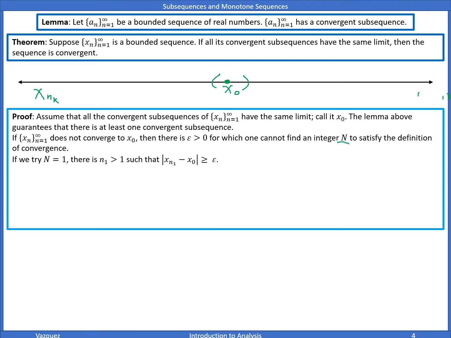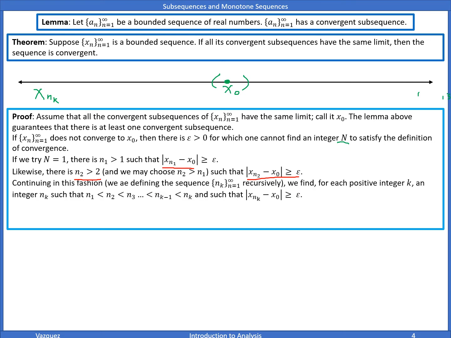So if we try n sub 1, then there is n sub 1 greater than 1, such that the difference between that term and the limit is greater than or equal to epsilon. Right, so we can do the same thing for n sub 2 greater than 2, such that, again, it's greater than or equal to epsilon.